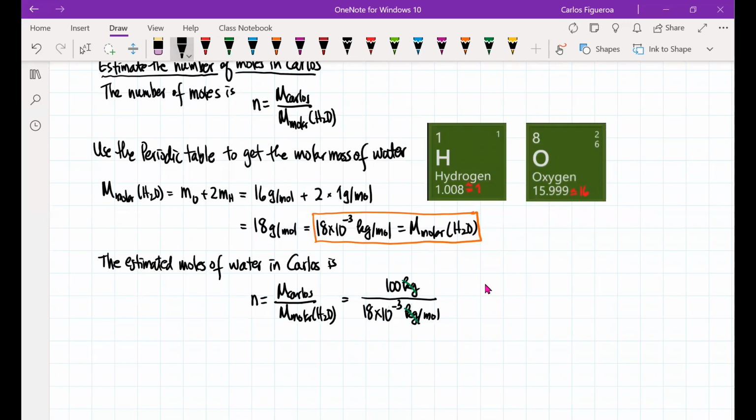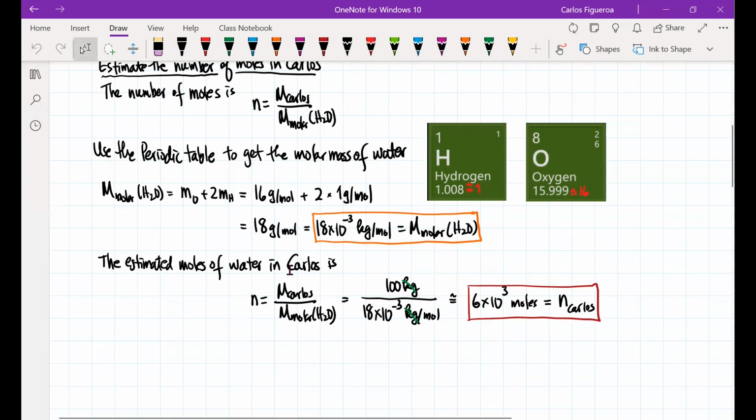Averaging 18 to 20, this is roughly 6 times 10 to the 3 moles for Carlos. So now I have the number of moles.